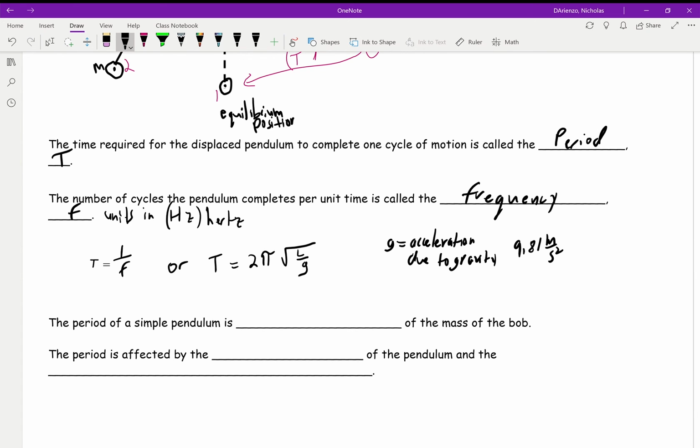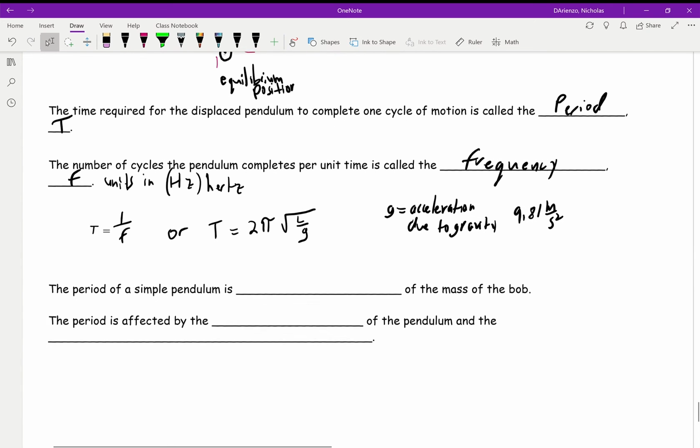I'll show you an example of this in class next time, so we can see how changing the length or changing gravity or even changing friction will affect the period of the pendulum. Now, the period of the pendulum is independent of the mass of the bob.